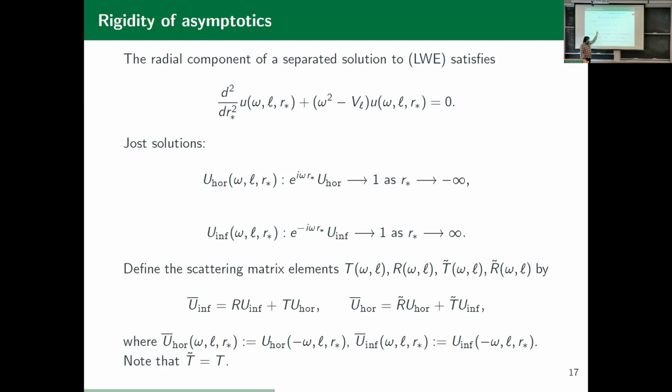But out of U horizon, I can create another solution, which I call U horizon bar. This is nothing but U horizon evaluated at minus omega. So the bar refers to reversing the sign of omega rather than complex conjugation, as far as the Jost solutions are concerned. So I have four solutions: U horizon, U inf, U horizon bar, and U inf bar. So I define the scattering matrix elements as a sort of transition matrix between the bases U inf, U horizon and U inf bar, U horizon bar. And I should already note that T bar is equal to T, but I'll show you why that is a bit later.